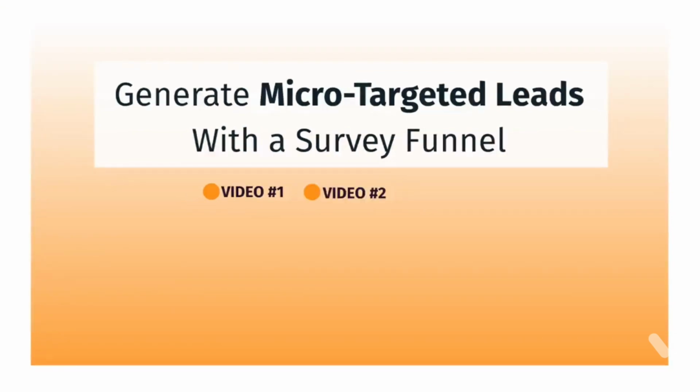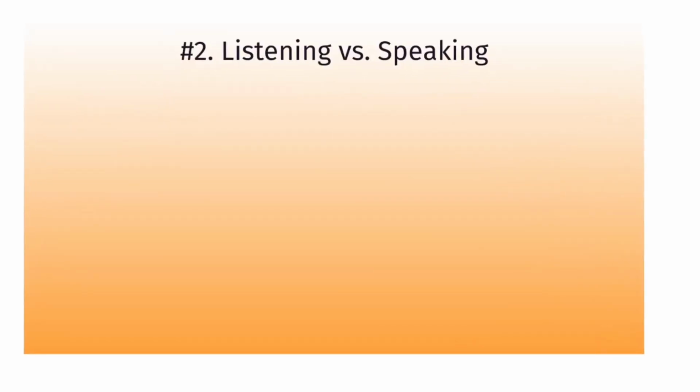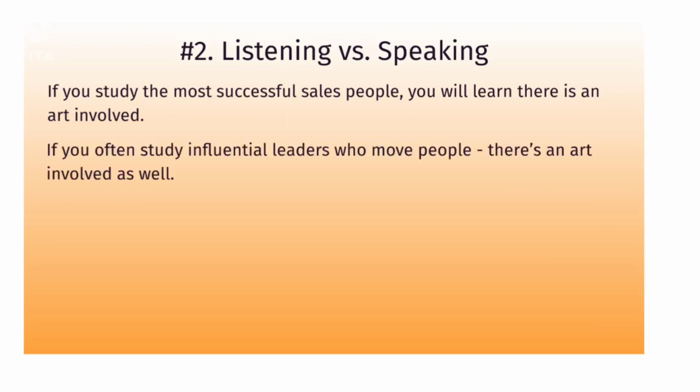Hello and welcome back. This is video number 2. We're going to talk about listening versus speaking. Now, if you study the most successful salespeople, you will learn that there is an art involved. And if you study, for example, influential leaders who move people and have people following them, there's an art involved as well.